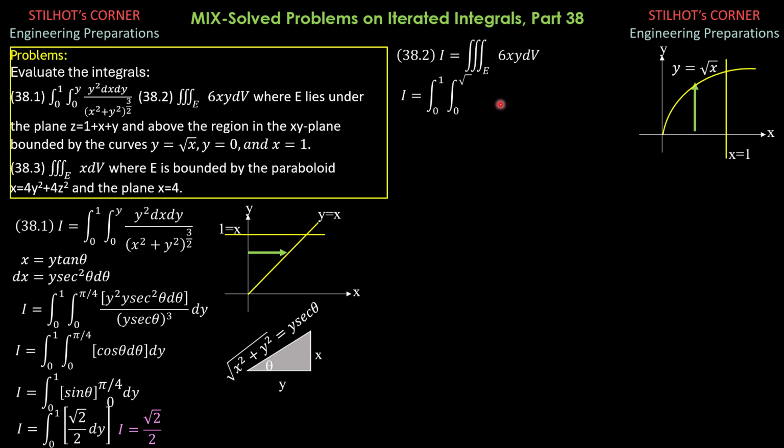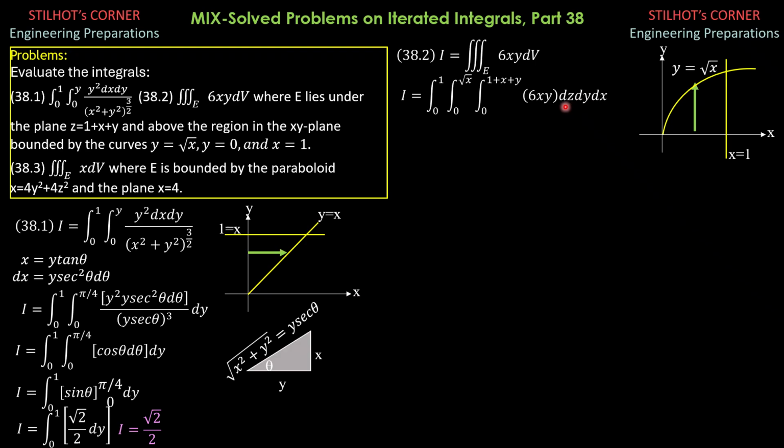So the integral 0 to 1, then for y 0 to square root of x, then for z 0 to 1 plus x plus y, then 6xy. The inner variable would be z, then y, then x.